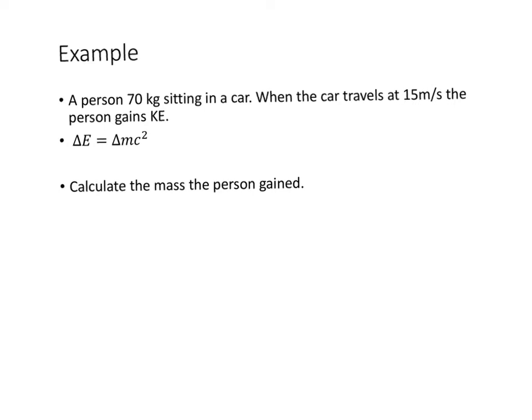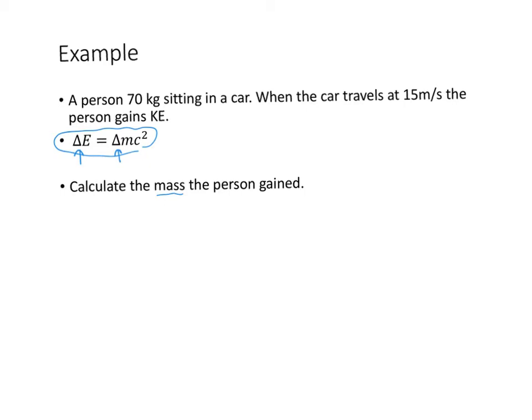Now, if the car starts traveling at 15 meters per second, the person will also gain kinetic energy while the car is moving. We can calculate that increase in kinetic energy using this equation here. That's the increase in kinetic energy, and hence this is the increase in mass. c squared, once again, is the speed of light squared, so that does not get affected.